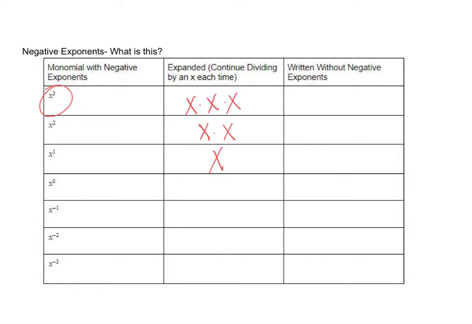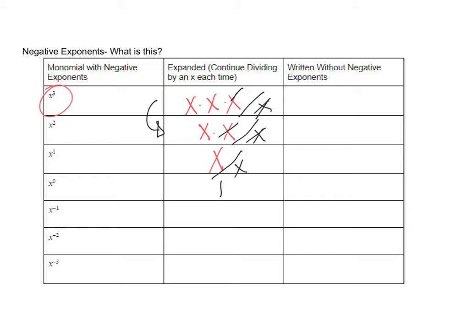In order to go from x to the third power to x squared, we're basically just dividing by x, because of the 3 x's divided by x, one of those x's cancels out, and I'll be left with 2 x's. If I divide by an x again, I'll be left with 1 x. What happens when I divide x by x? Well, anything divided by itself is just 1, which is why the zero exponent always equals 1.